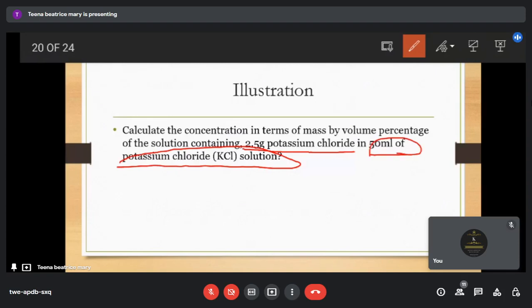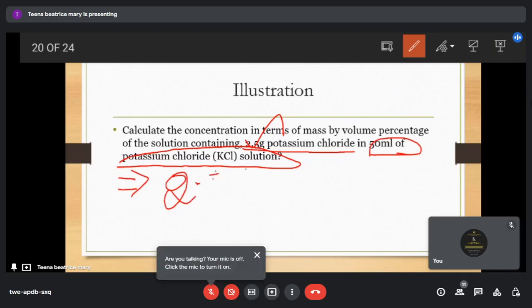In the potassium chloride solution, 2.5 gram of potassium chloride is mixed. So we have to find out the mass by volume percentage of potassium chloride solution. We are just going to find out the concentration.